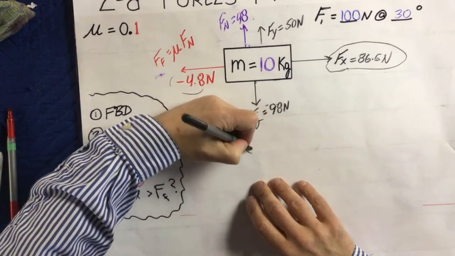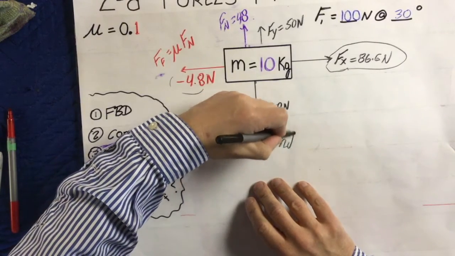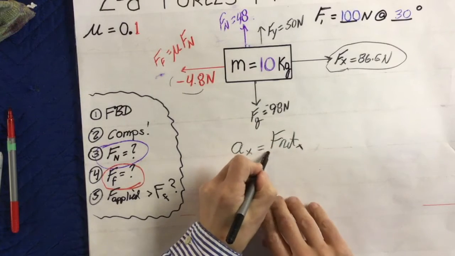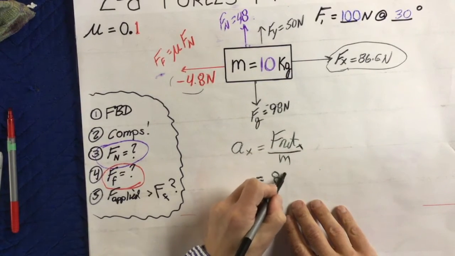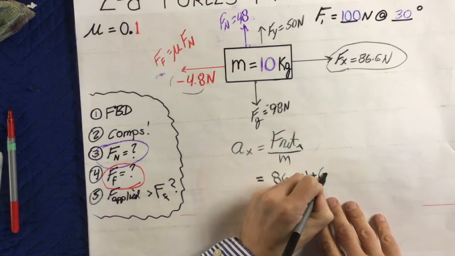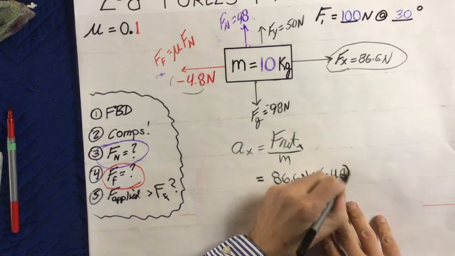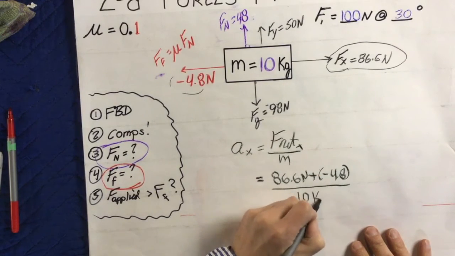The acceleration in the x direction is the net force, or the sum of all the forces in the x direction, divided by the mass. I have 86.6 newtons plus a negative 4.8 divided by 10 kg.